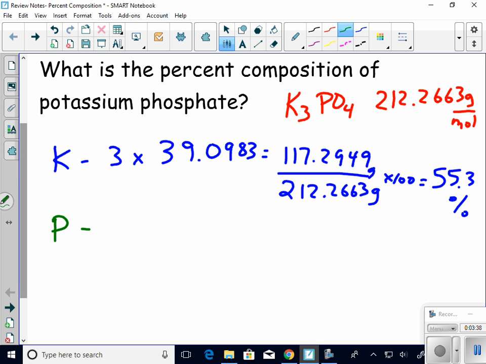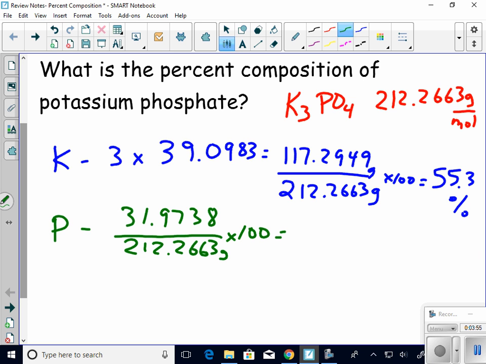So 31.9738. I take the 31.9738, divide it by the total mass again, times it by 100 to put it into a percentage. That is 15.1% would be phosphorus.